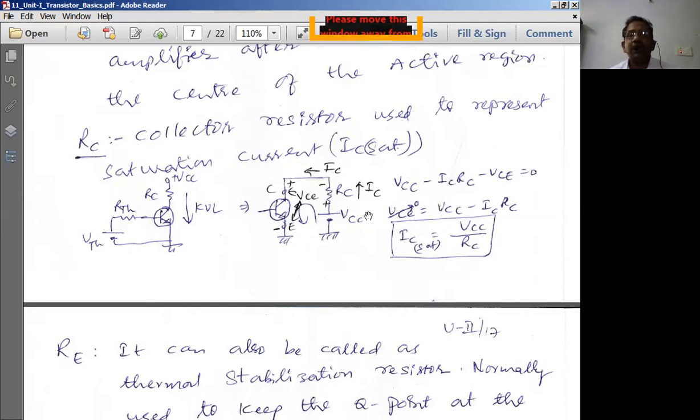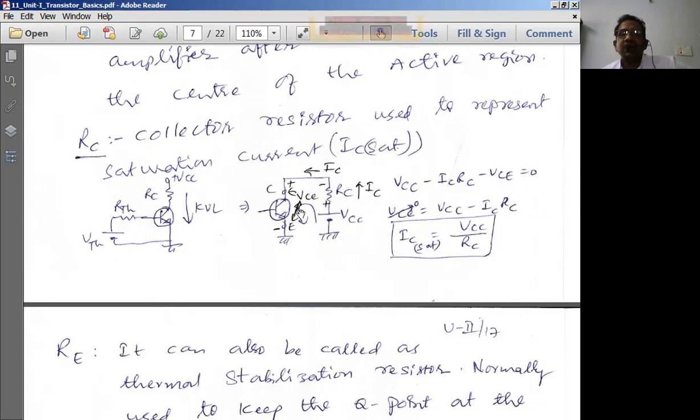Now if you apply KVL to the output path, when the loop goes from negative to positive, it is positive. The drop across this is negative, and the drop across this is also negative. Conventional current always flows from positive potential to negative potential. So VCC is positive, minus the drop ICRC, minus VCE is equal to 0. So VCC minus ICRC is equal to VCE.